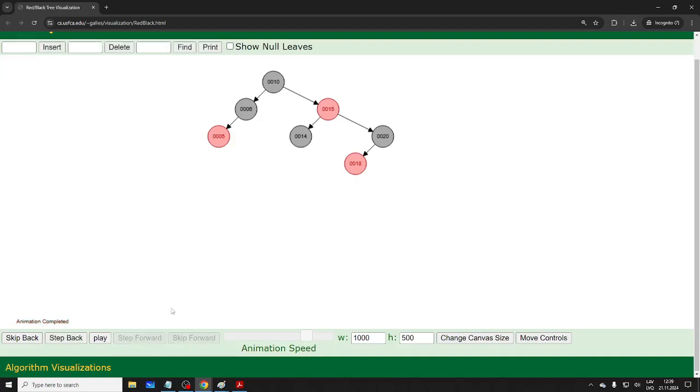Okay, so this is easier than I wanted, and I want to make it more unbalanced. So let's insert 19. I want to make things harder. Okay, so what do we do here? Well, we'll need to rotate, unfortunately. So what kind of rotation can we do?